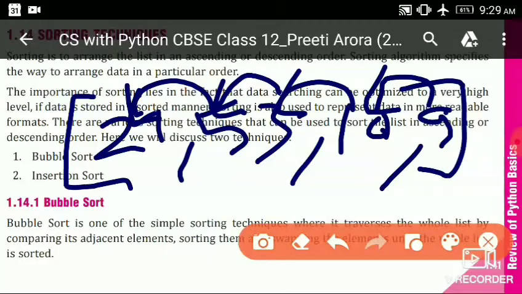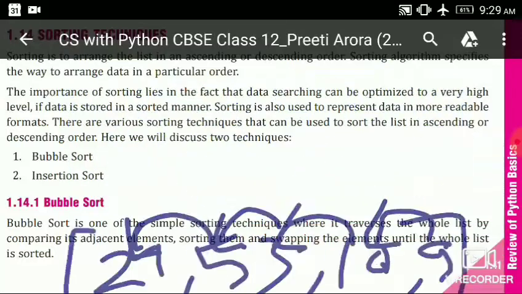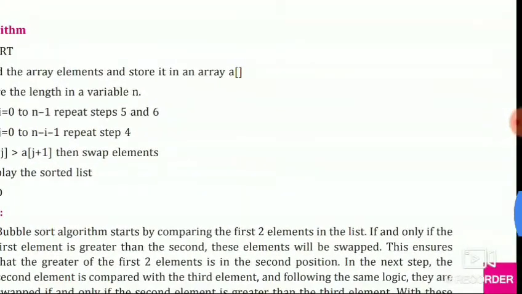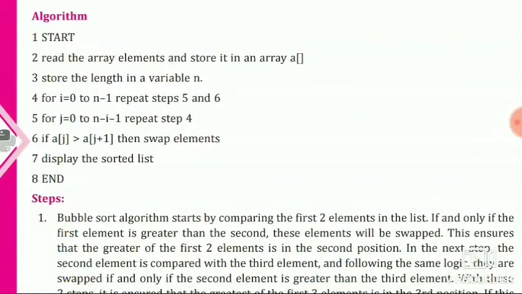So let's see the next lines. The algorithm: read the array elements and store them in array A. Store the length in a variable n, and for i equal to 0 to n-1, repeat steps 5 and 6. So the 5th and 6th steps will be repeated n-1 times.